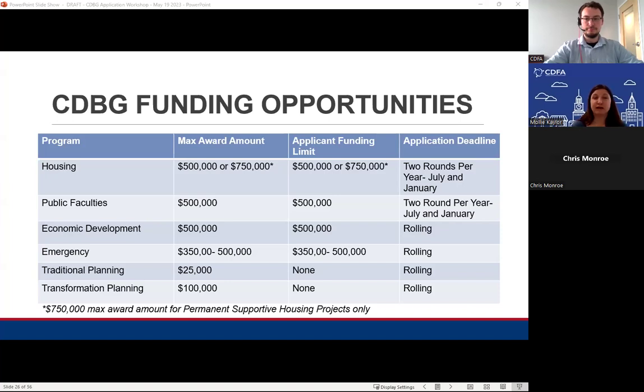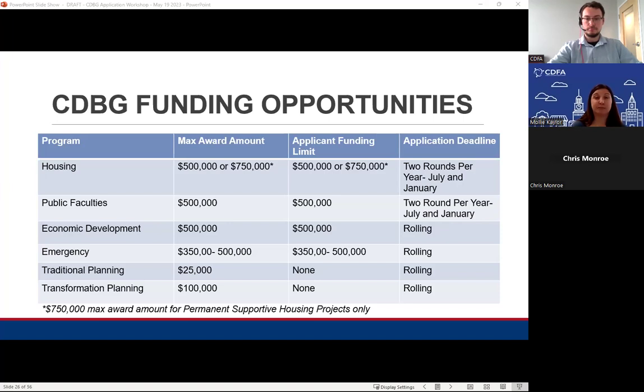The only exception to that is for certain housing projects that are technically permanent supportive housing, where there are services that are offered on site to residents. Those projects are eligible to receive slightly more. They can apply for up to $750,000. But general affordable housing projects are eligible for $500,000, and again, public facilities can apply for up to $500,000.